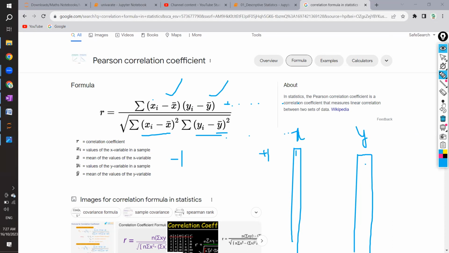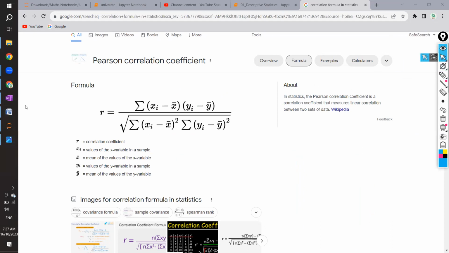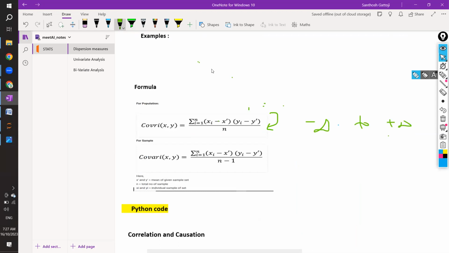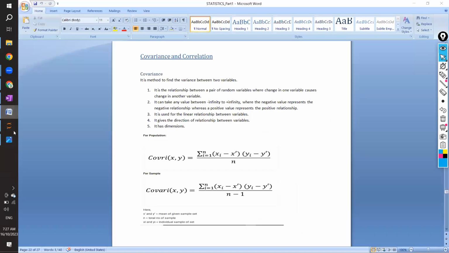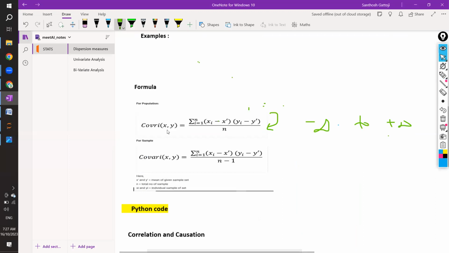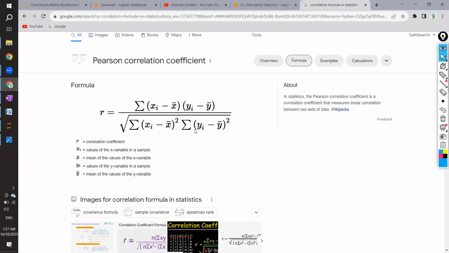If you're interested, you can observe these two formulas and see that the problem you face in covariance is that the range is -infinity to +infinity. We are trying to solve that by controlling the denominator. If you increase the denominator, the value keeps decreasing, right?